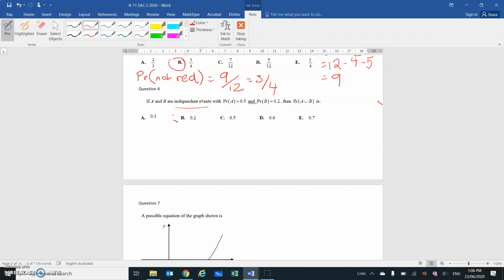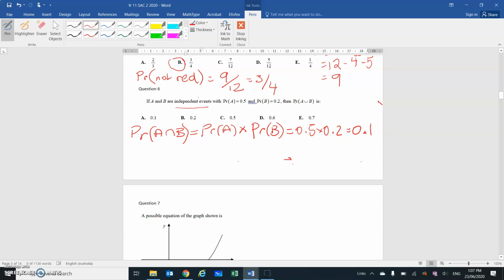So for independent events, you may recall the probability of A intersection B, not union, intersection B, equals the probability of A times by the probability of B. So that equals 0.5 times 0.2, and that equals 0.1.